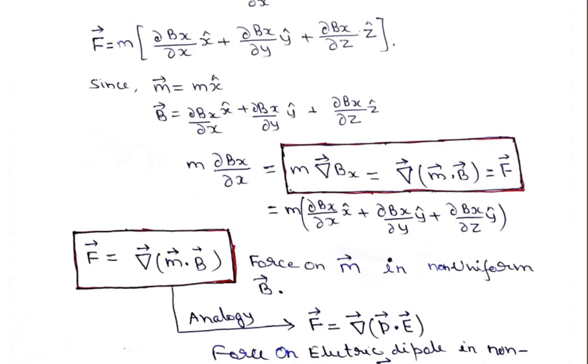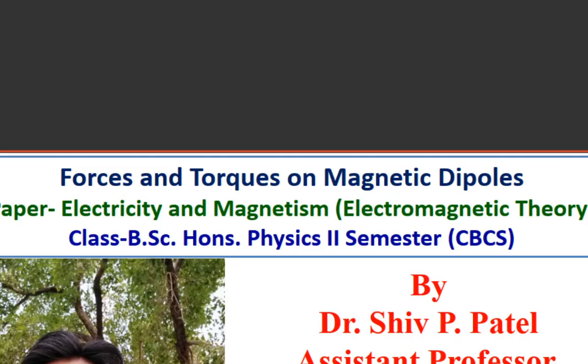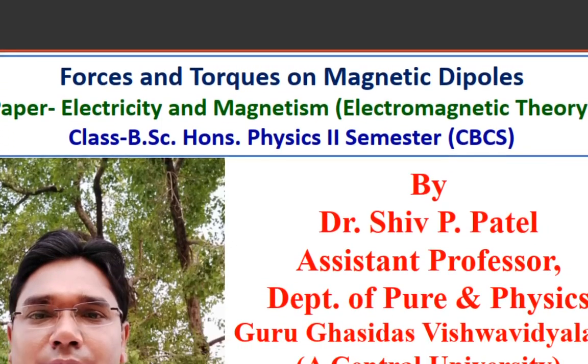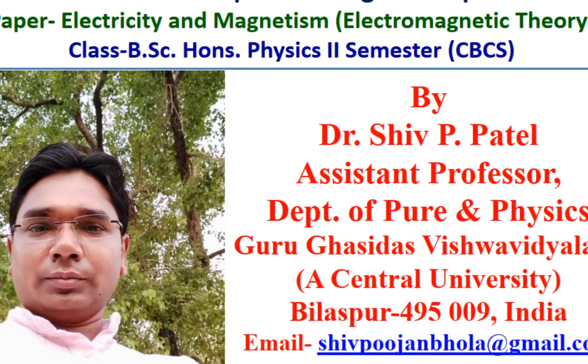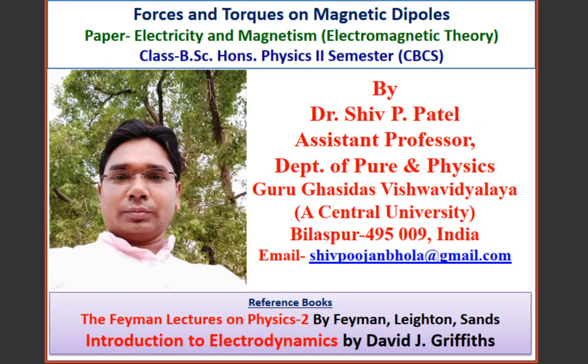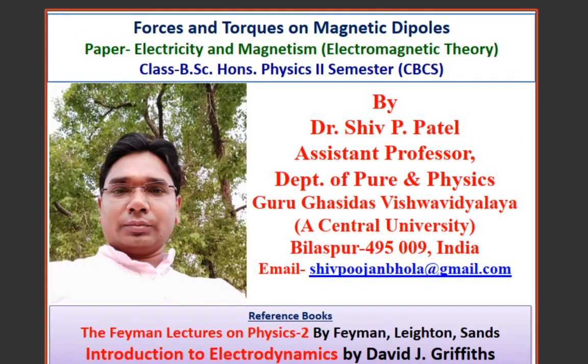We have seen that if a magnetic dipole is placed in a uniform magnetic field, there will be no net force on the dipole, but there will be a torque on the dipole. The torque we calculated, N is equal to R cross F, and then N is equal to M cross B.